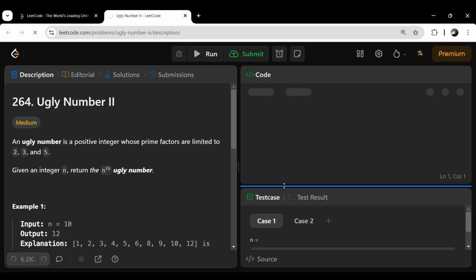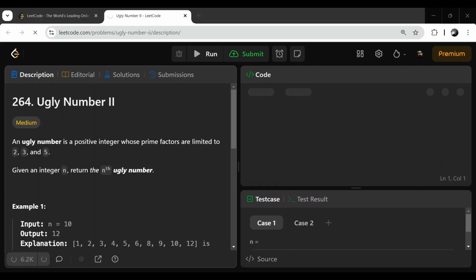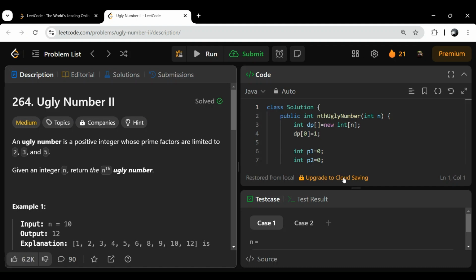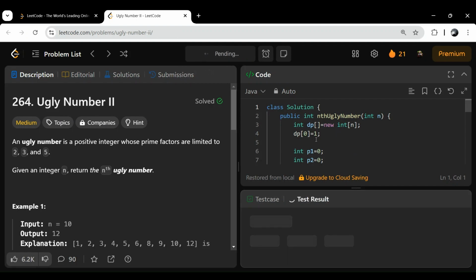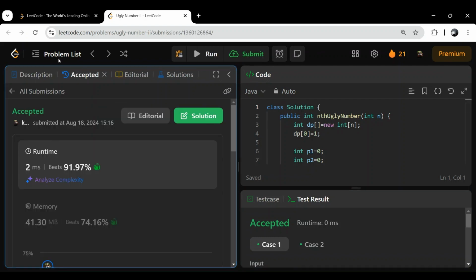Yeah, now let's submit. Now you can see our solution got accepted.